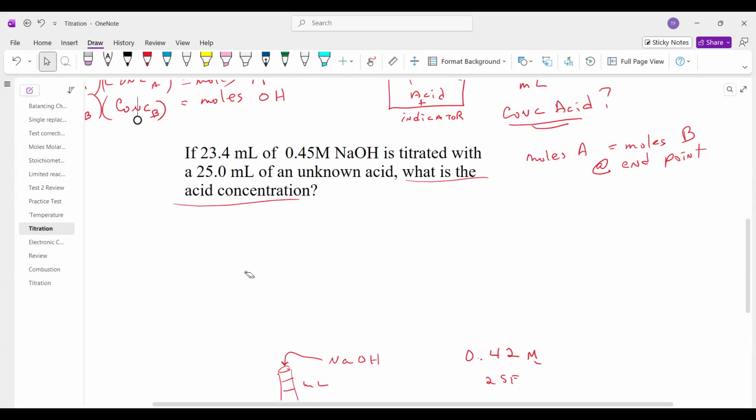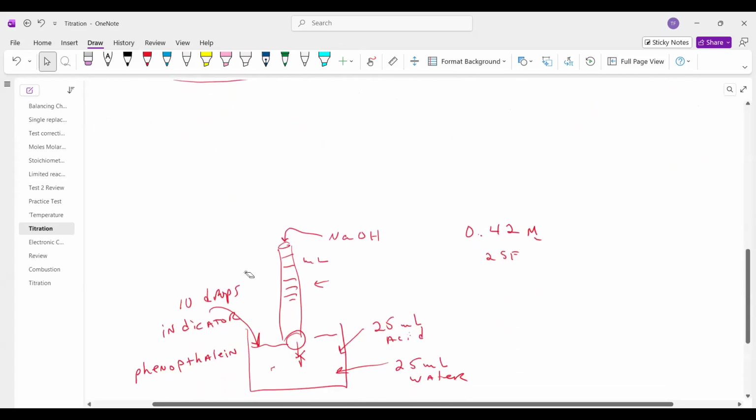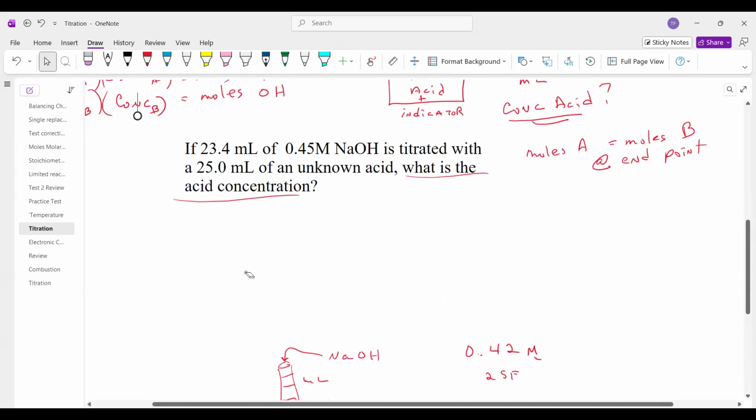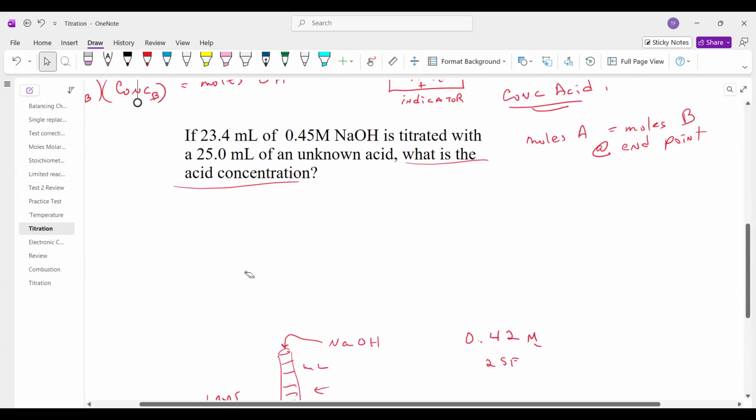So remember, the volume is always in liters. So once you find out how many milliliters of base it takes, you need to convert that to liters of base. Same with the acid, liters of acid. So in this case, it says 23 milliliters of 0.45 molar sodium hydroxide.